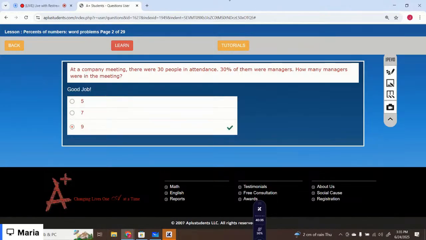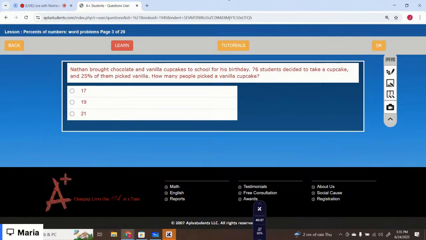Okay, the next one is: Nathan brought chocolate and Mila cupcakes to school for her birthday. 76 students decided to take a cupcake and 25% of them picked vanilla.